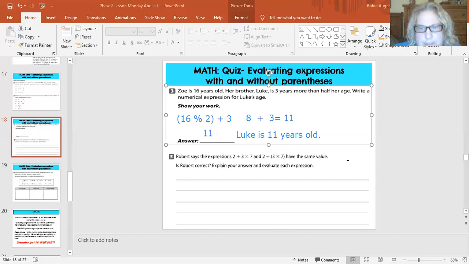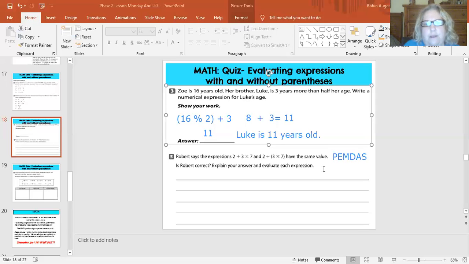Think about PEMDAS. Put PEMDAS over here again. Okay. In PEMDAS, we're looking for parentheses, okay? Parentheses first. So we have 3 times 7, okay? Which would be 21.